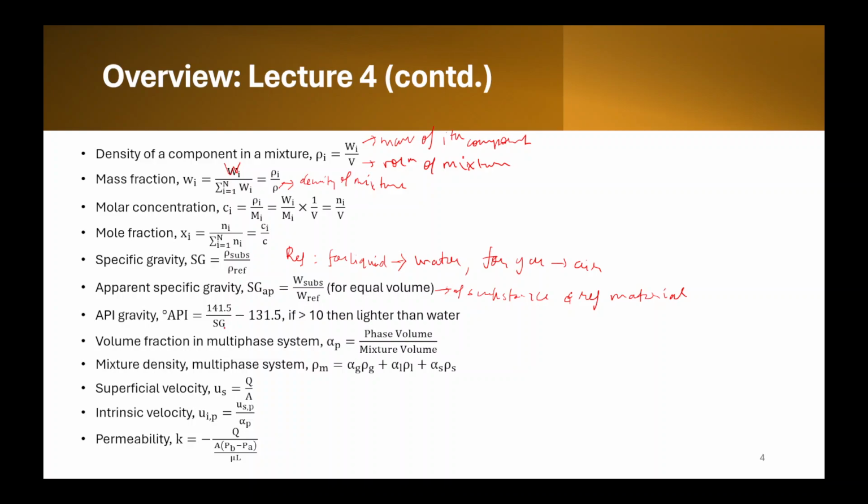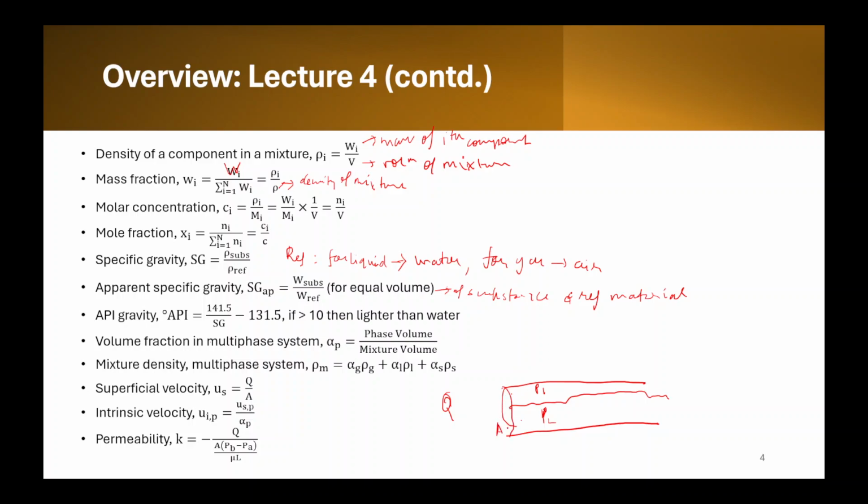Next, the superficial velocity is shown here. So the superficial velocity basically comes into the picture when there are two phases flowing in a system. Suppose there is one phase here, phase 1 and phase 2. So this may be either liquid, this may be gas, or different phases are flowing through a pipe. So suppose this is the volumetric flow rate Q, and this will be the area of the cross section.